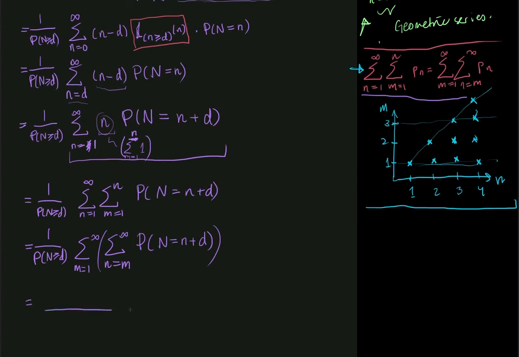And what do I have? I have the probability that n is greater than or equal to d in the denominator. And in the numerator, I have the sum for m going from 1 to infinity. And for each m, the value of the inner sum is equal to the probability of n being equal to m plus d, plus the probability that n is equal to m plus d plus 1, and so on, up to infinity. So the inner sum evaluates to the probability that n is greater than or equal to m plus d.